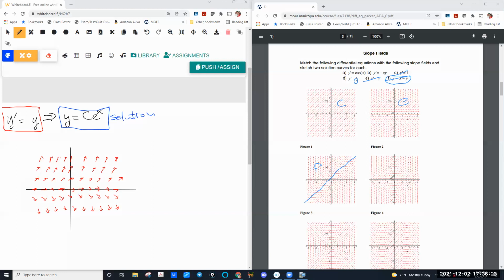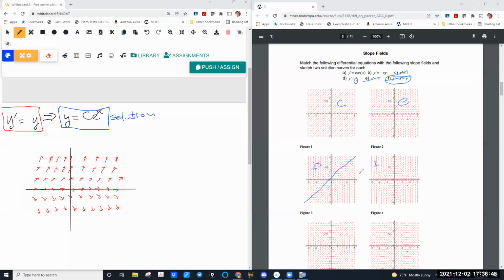But it looks like it's horizontal along the x-axis. So which slope field looks like it has vertical lines along the x-axis? Yep, exactly. So that, good. So this one's actually going to be B.